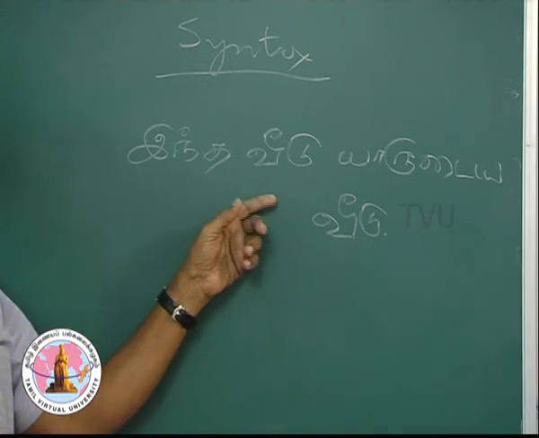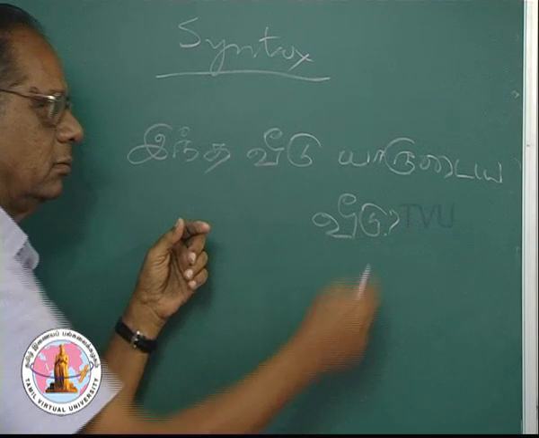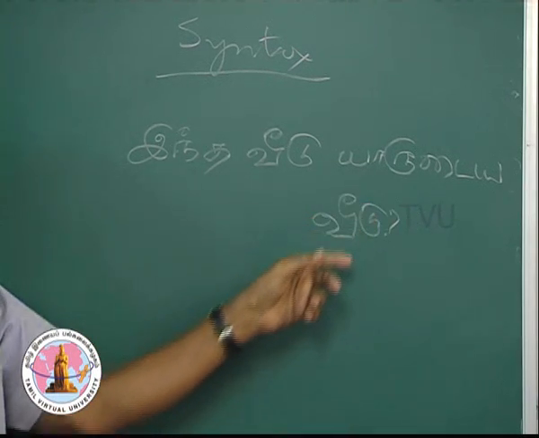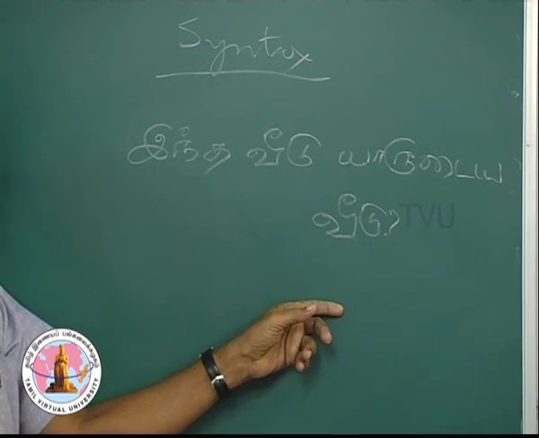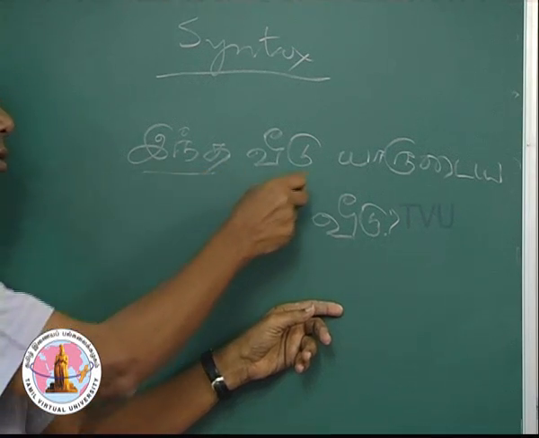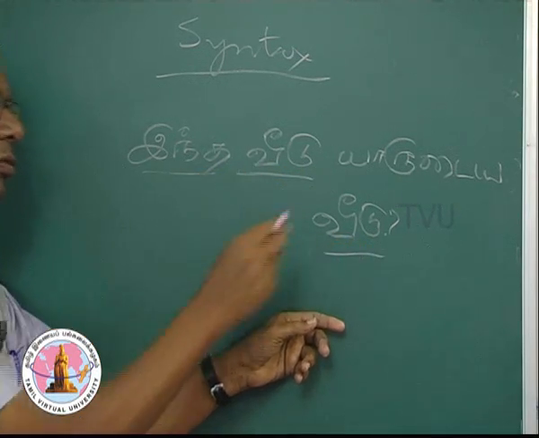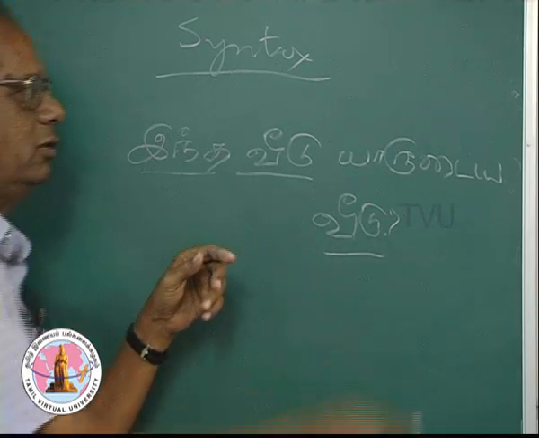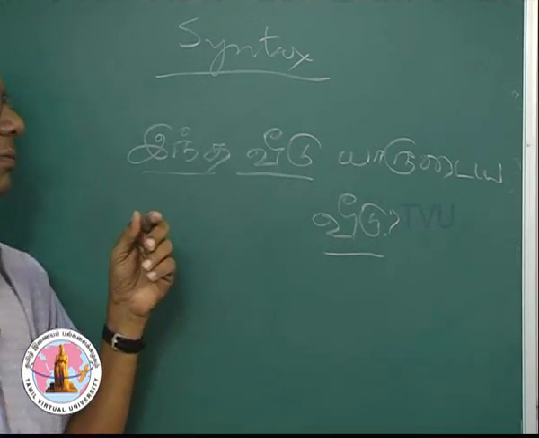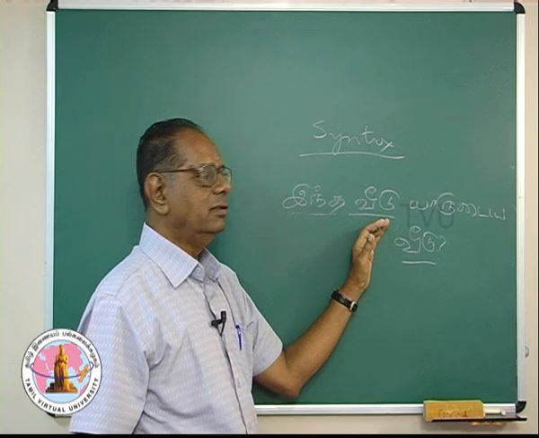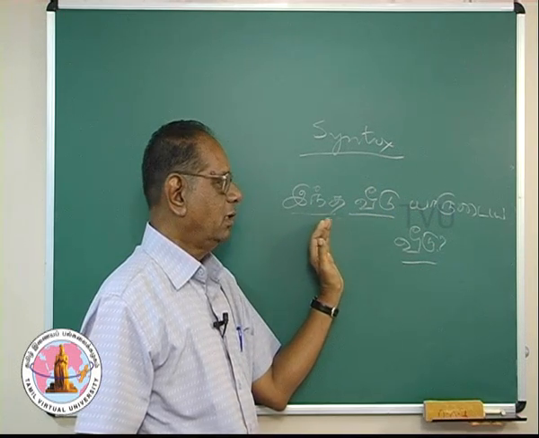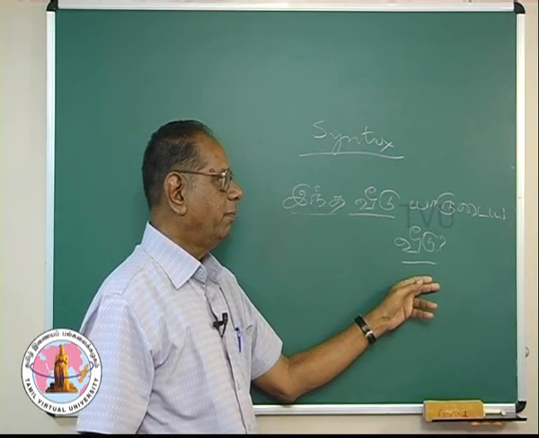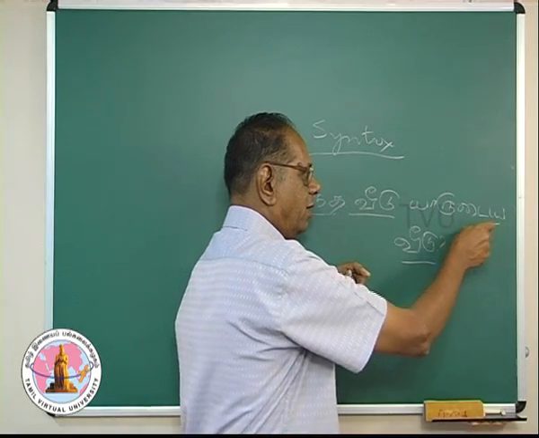இந்த வீடு, யாருடைய வீடு? இந்த வீடு, this house. Now only this you have to find out what it is. Again வீடு has come. யாருடைய?